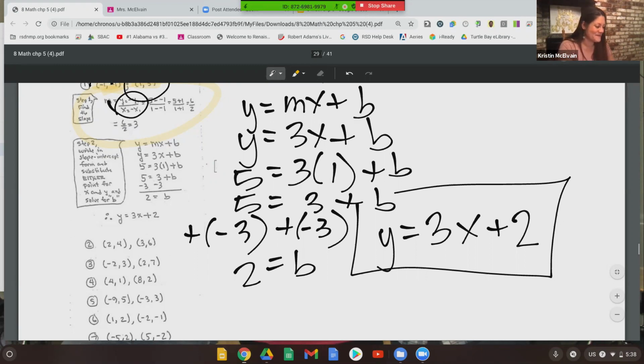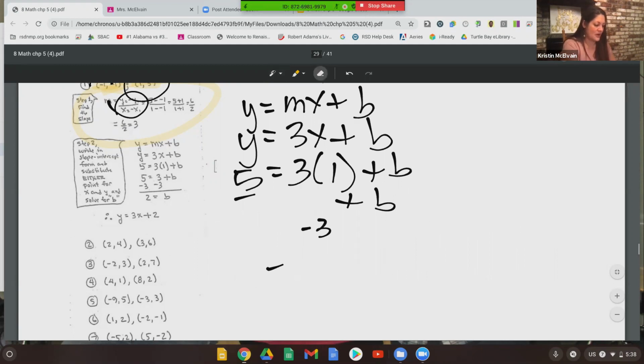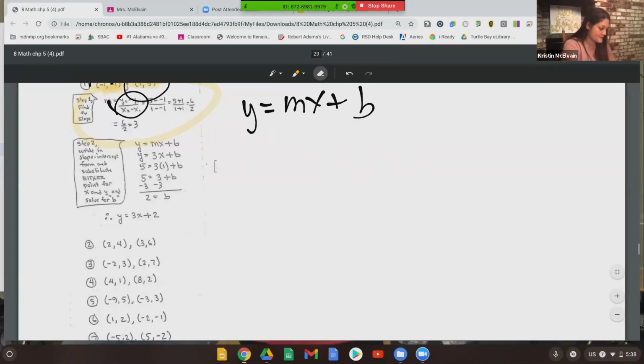All right, let's go on to number 2. So I can leave my y equals mx plus b. Erase some of this up here. Okay, now we have number 2. We have the coordinates of 2, 4, and 3, 6. So we need to find our slope.